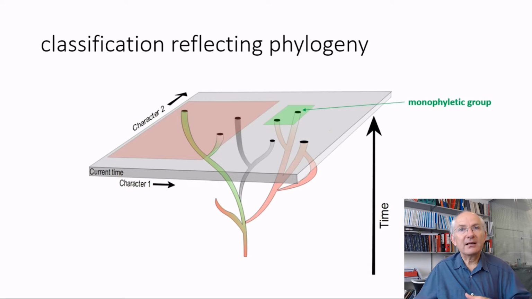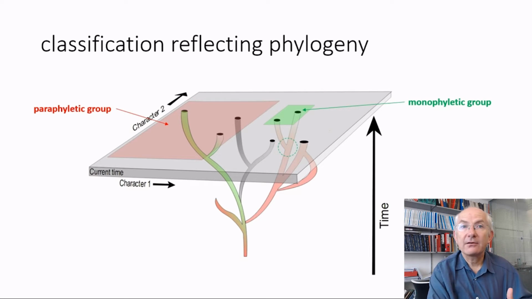We call it monophyletic because all of the organisms in that group share a common ancestor. And more importantly, there are no other descendants of that common ancestor that lie outside the group. So it's monophyletic.